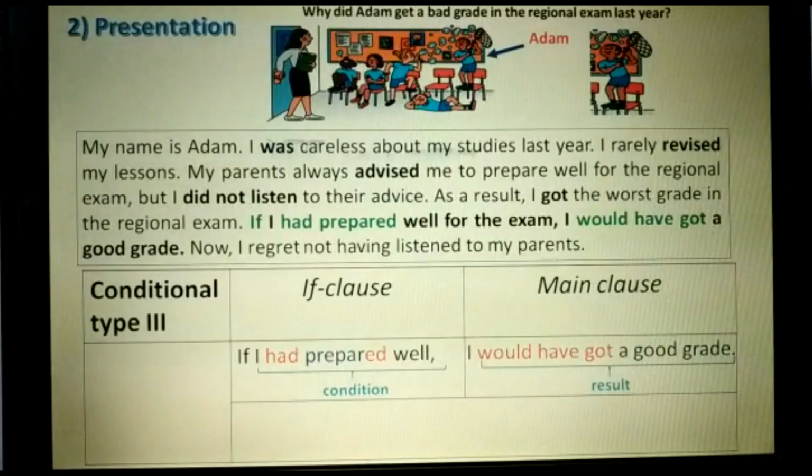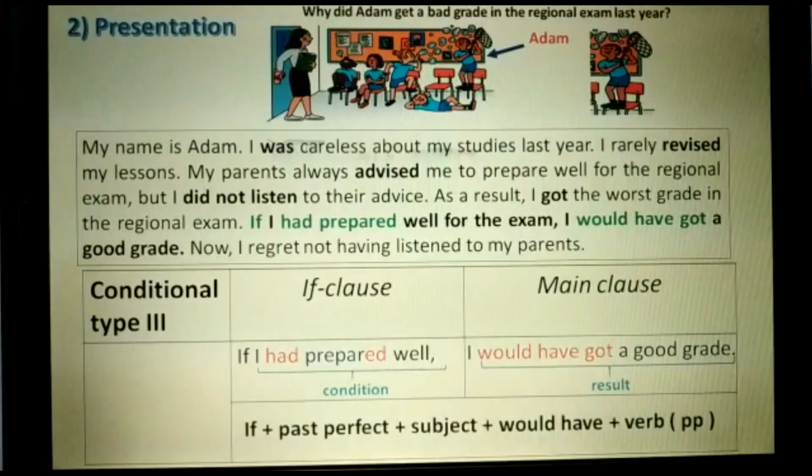So could you please highlight or induce the rule? Of course, it is if plus past perfect, comma, subject, would have, or sometimes you can use could have or might have, should have, it depends, plus verb pp. pp stands for past participle of the verb.